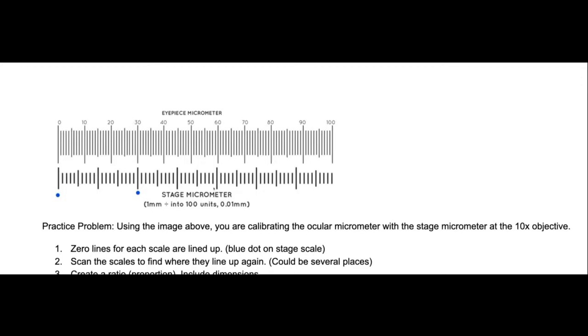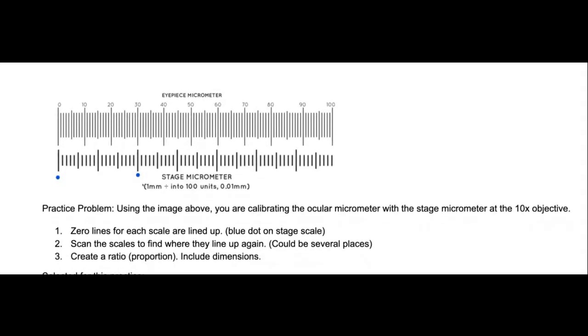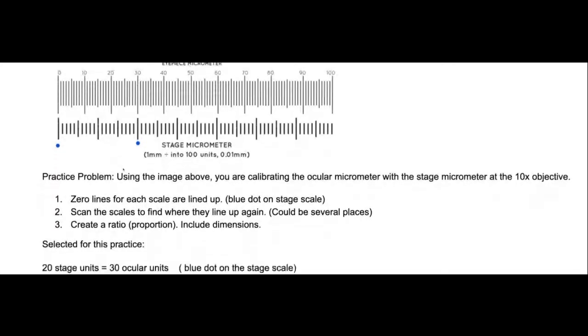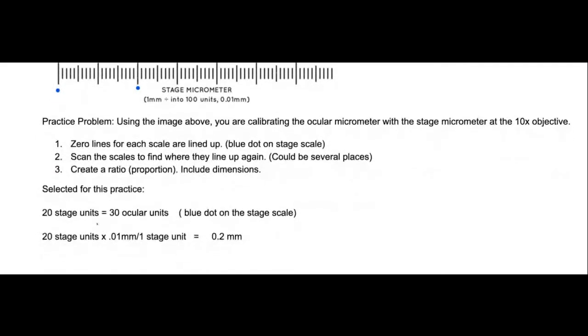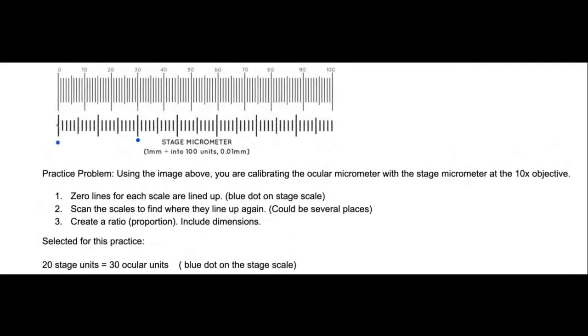So we know that on our ruler, each of these tick marks are 0.01 millimeters across. So if we just multiply 0.01 by the number of tick marks, then that gives us 0.01 times 20. They call these tick marks stage units.